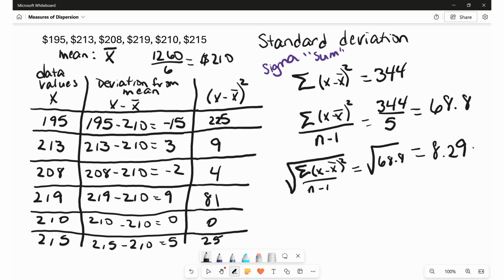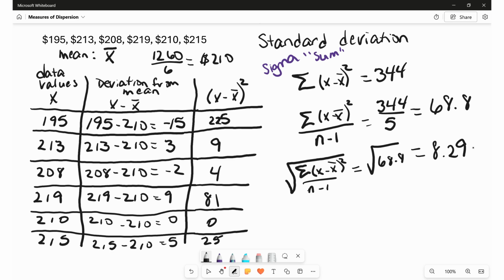And what this is telling us is that when we standardize these scores, the deviation from the mean kind of averages out to be about 8.29 away from the mean. It is kind of the average distance from the mean for every one of our data points.